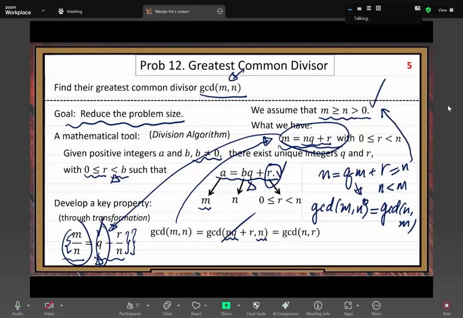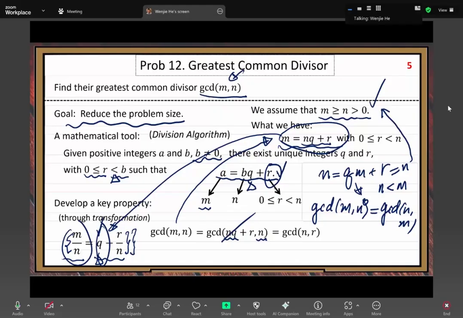Remember, we swap two parameters to make the first parameter greater than the second parameter for convenience, for further integer division applications, because we need to apply the division algorithm second round, third round, and keep doing that until we reach the end, right?